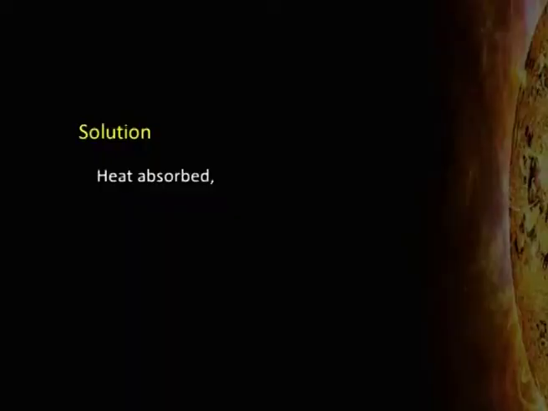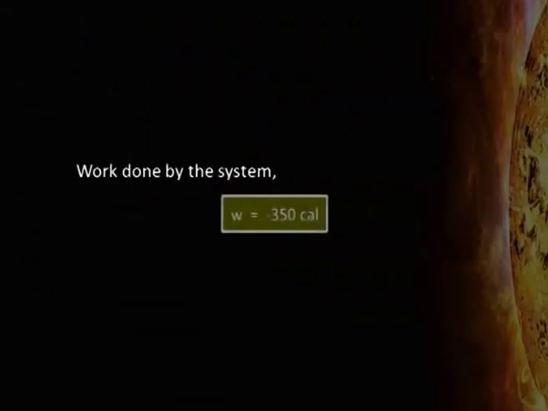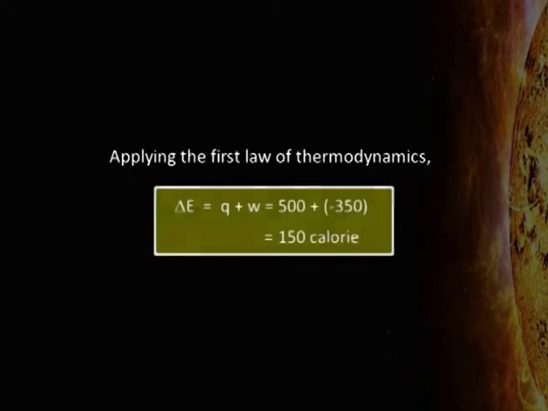Heat absorbed by the system will be equal to plus 500 calories and work done by the system will be equal to minus 350 calories. According to first law of thermodynamics, delta E or delta U is equal to Q plus W. Therefore, it is equal to 500 minus 350, that is 150 calories.